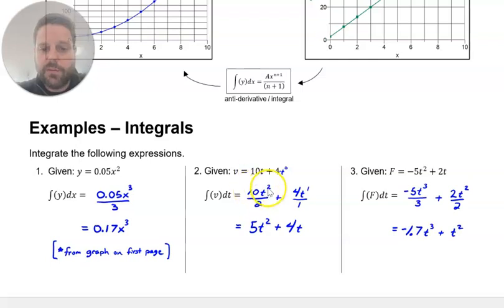We're going to have 10 times t, we're going to add a power, and then divide by that same power. We're going to divide by that number, the integer. And 4 by itself is the same thing as 4 times t to the 0 power, because t to the 0 is 1. So we're just going to add 1 integer power there, and then divide by what we end up with. And then simplified, that gives us 5t squared plus 4t.